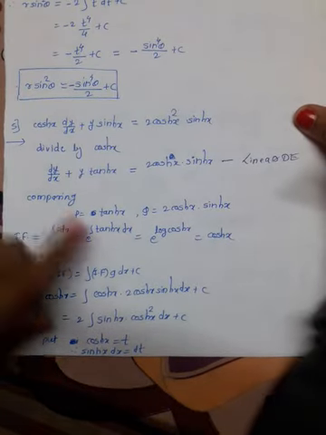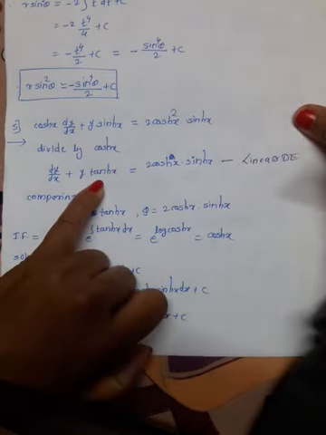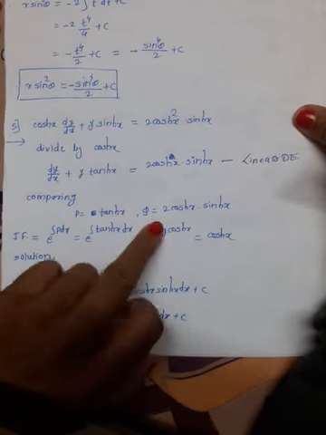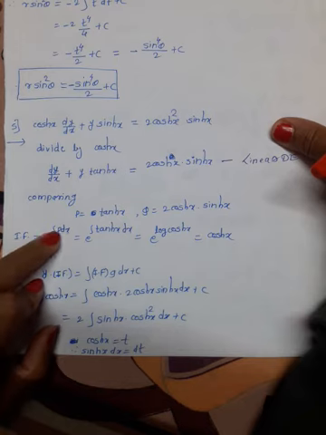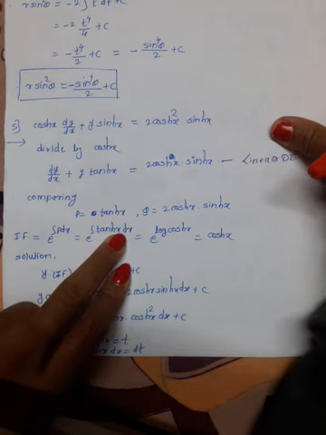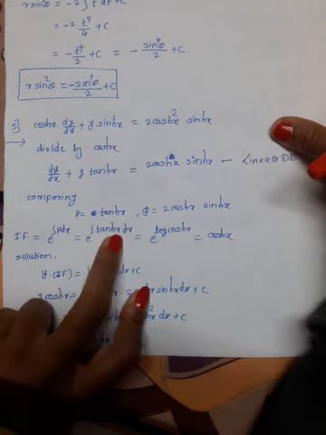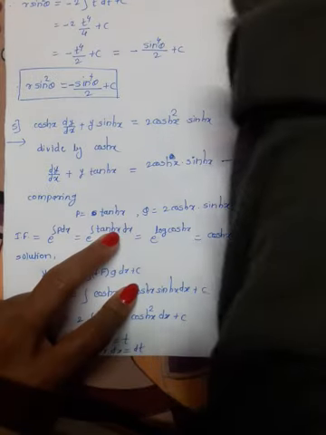Now comparing with the linear form, the p value is tan hyperbolic x, and q is the total RHS. Now the integrating factor is e raised to integral p dx, put the value of p, tan hyperbolic x dx. Now the tan hyperbolic x integration is different. Okay.